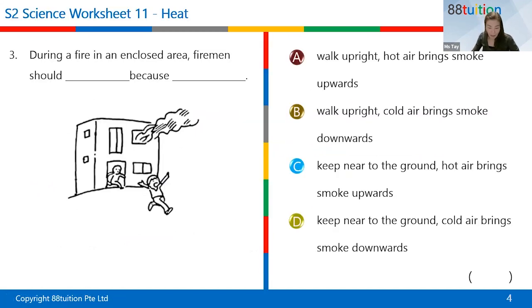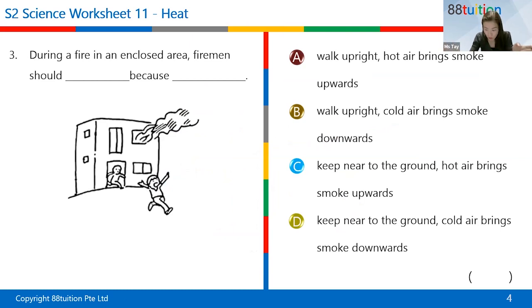Now, during a fire in an enclosed area, firemen need to do something, and this is what firemen always will do. Question 3 is actually not an issue left for all of you, but just to quickly cover this, during a fire, you are not going to be walking straight up.